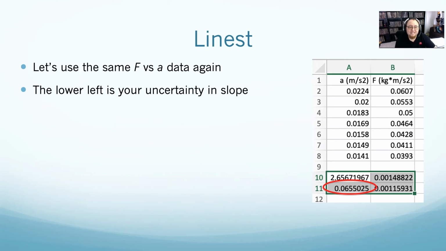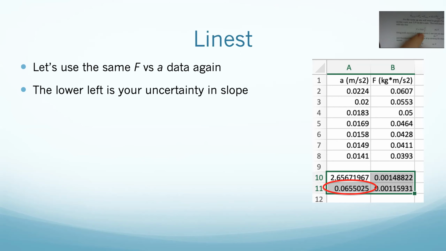The number beneath that is the uncertainty in slope. And that's what we're going to need. In every lab with a graph, I'm going to ask you to write down the slope and the uncertainty in slope. And I'll note that equations will show up with things like slope equals nkbt. Don't use that.